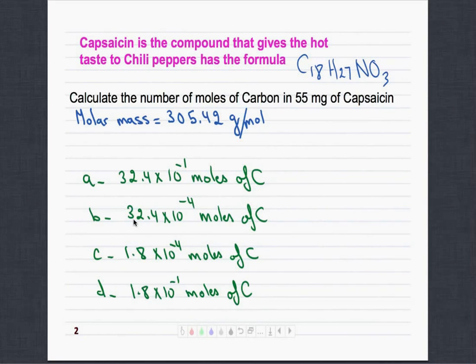Divided by. Yes, that molar mass is for the entire capsaicin molecule. Yes, this is the molar mass of the whole molecular formula of C18H27NO3. I'm asking about the number of moles of carbon.